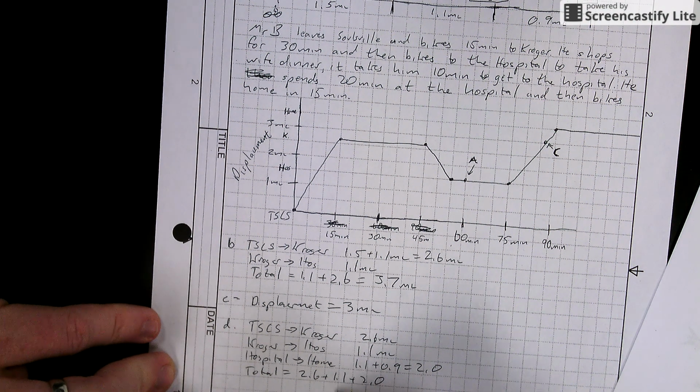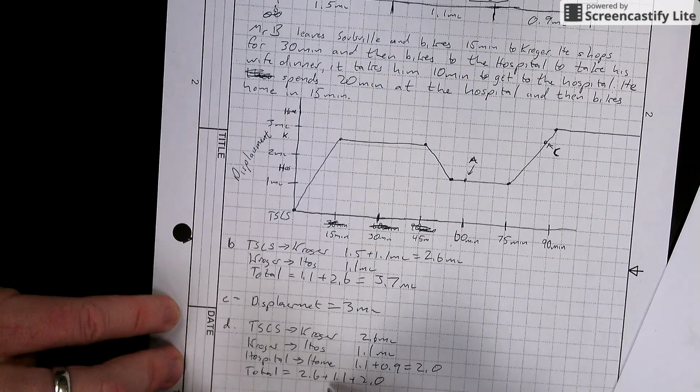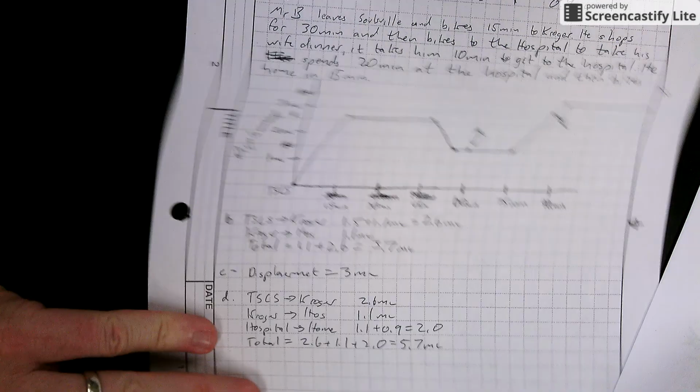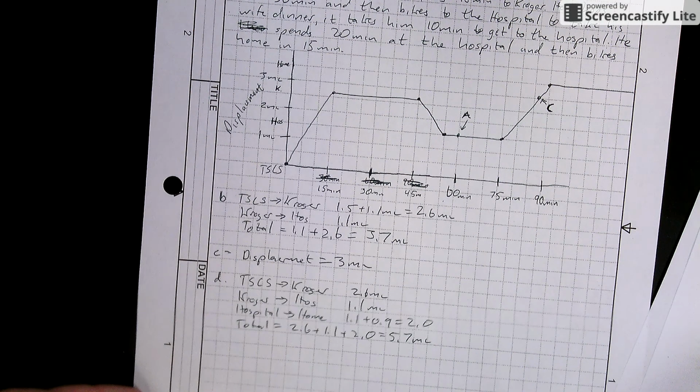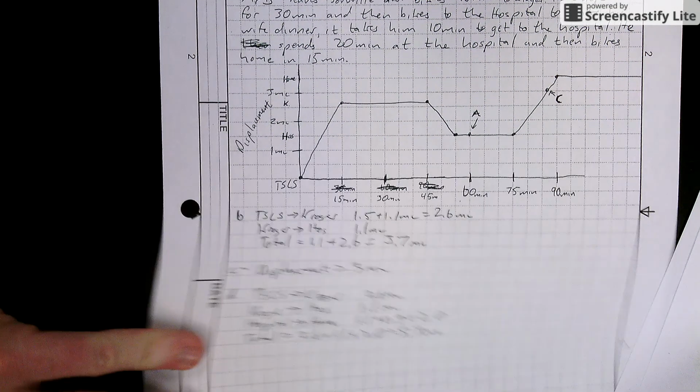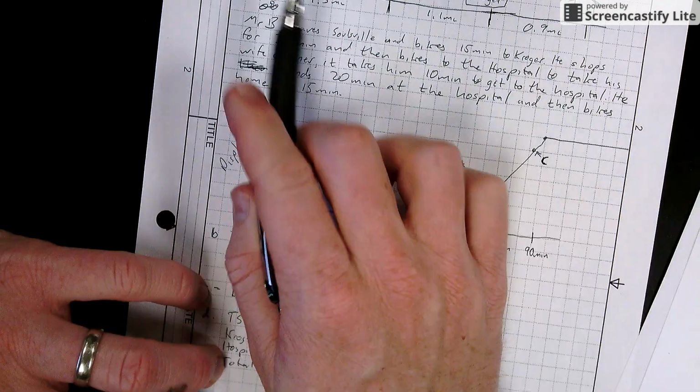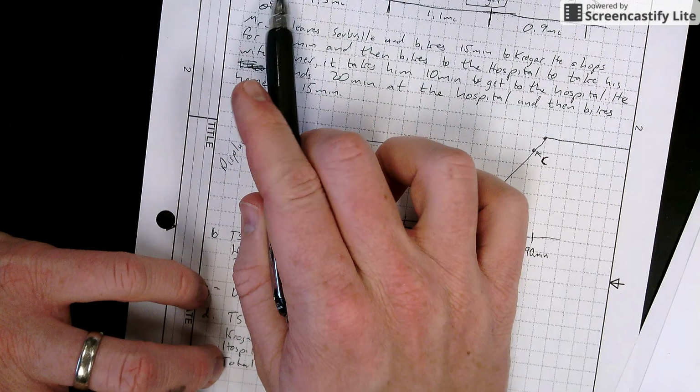And then I had from the hospital to home. And that was 1.1 plus 0.9 equals 2.0.